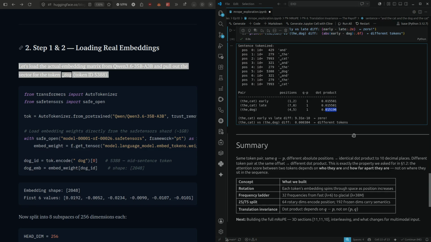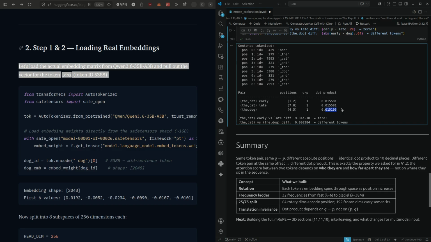We're taking a vector, we're rotating it, and then we're taking two of these vectors that are slightly differently rotated, and then taking a dot product between them, seeing the value, and confirming that if the same two vectors are at the same relative position later on in the sequence, and they're rotated slightly differently, even then, when you take the dot product between them, if the rotational algorithm is good, you will get the same result. That is basically what we've shown with actual Qwen embeddings. Okay, that was the point of this exercise.